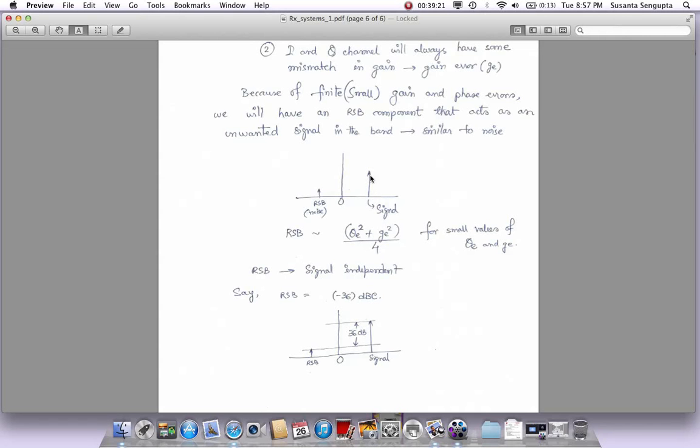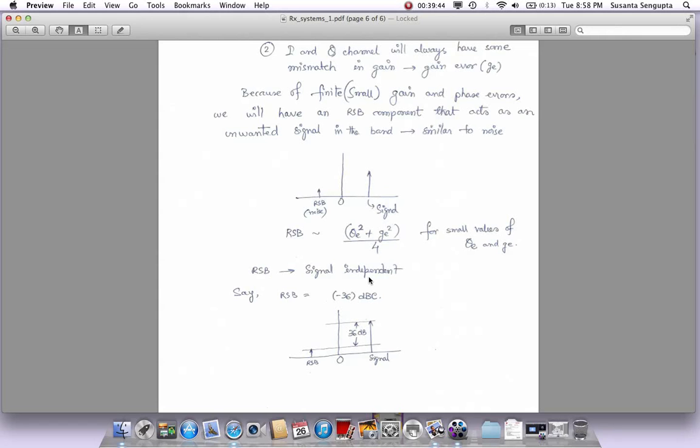If you have a small signal, the noise created will also be small, but it will be relatively so many dBs below the main signal, which is given by this formula. If the signal became big, and you have the same phase error and gain error, which is the case in most cases, then the relative strength of this will be the same compared to the signal power.